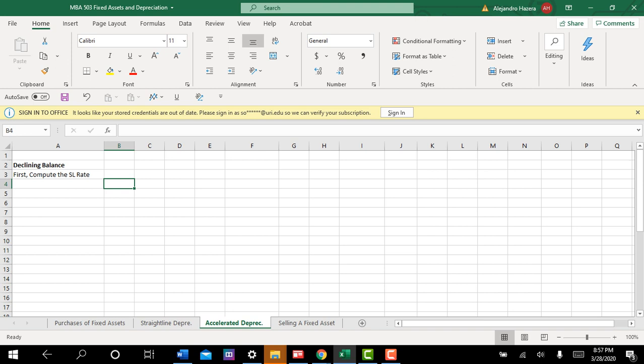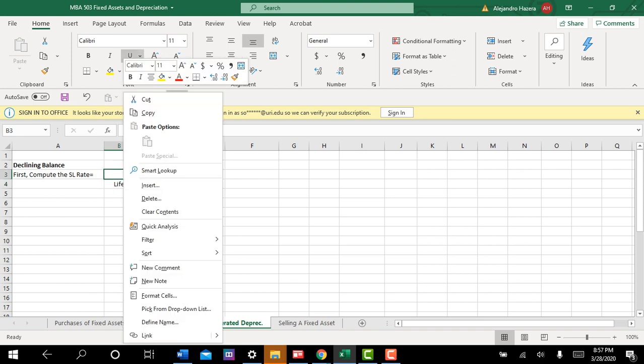Here is the equation for the straight line rate of depreciation: the straight line rate is equal to the number 1, a ratio, divided by the useful life, the life of the asset.